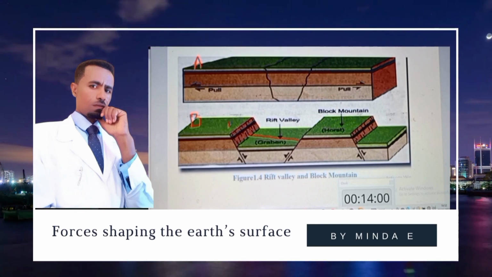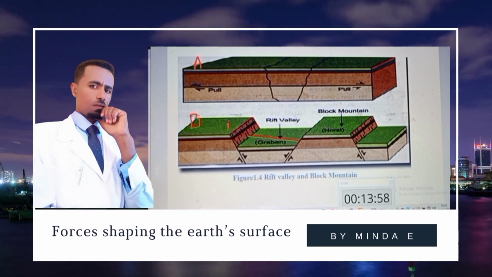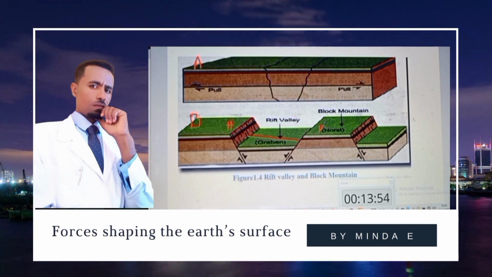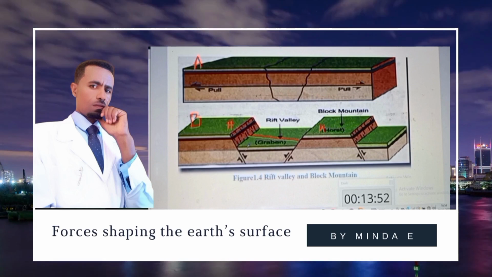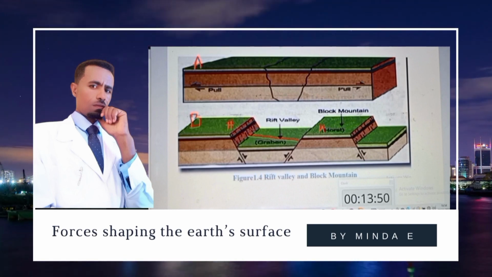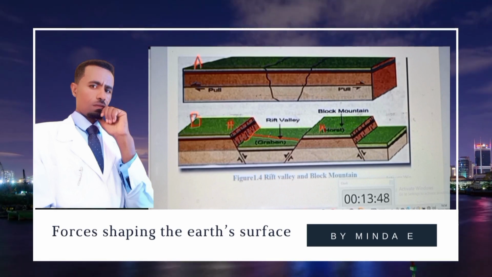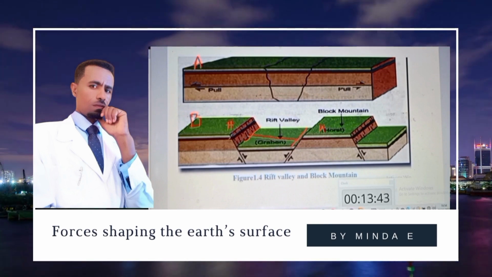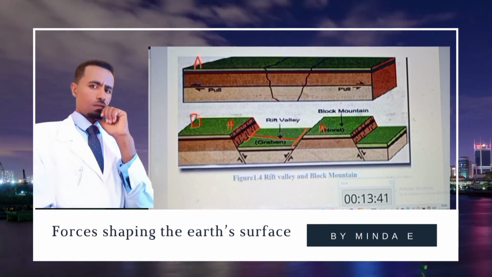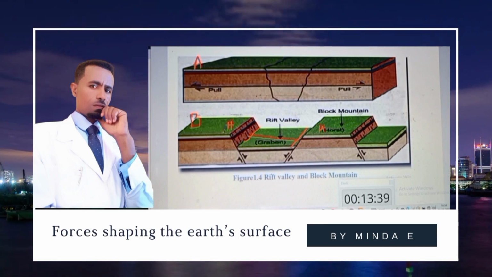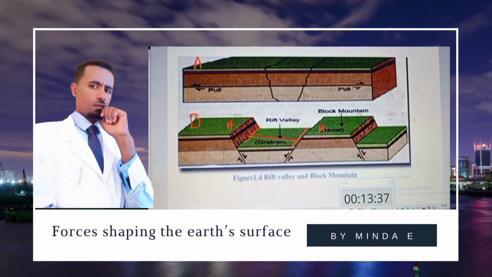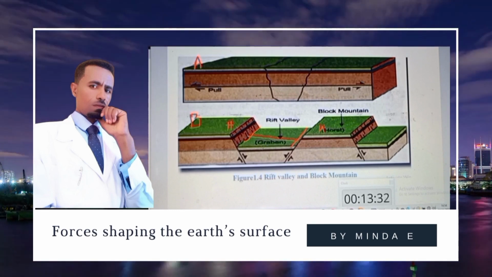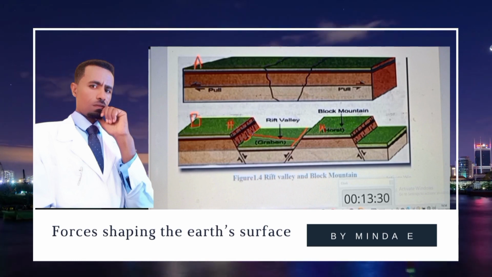Here we have highland, and another here we have highland. A linear-shaped lowland area which is found between highland areas or mountains is known as Rift Valley.